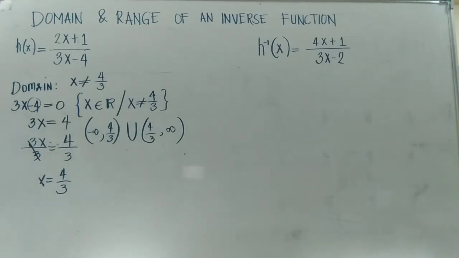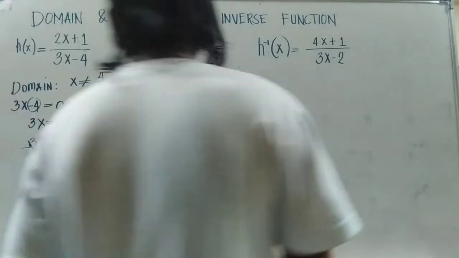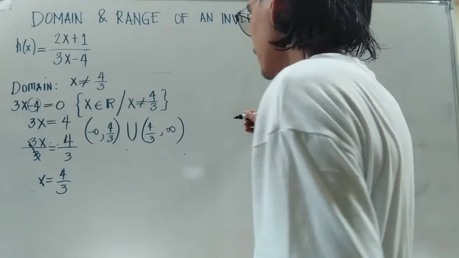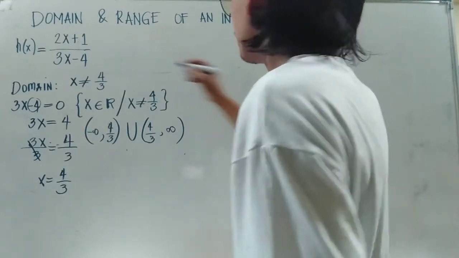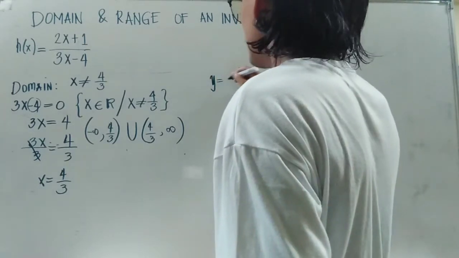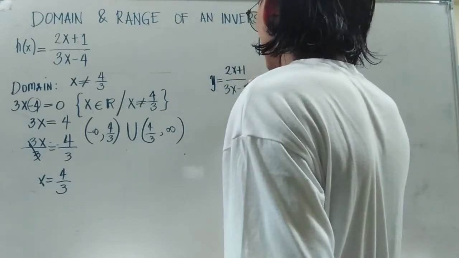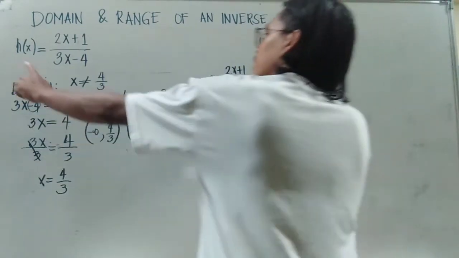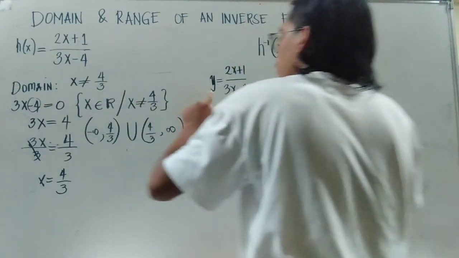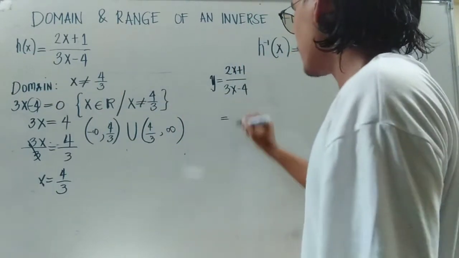Let us now solve for the range. Computing for the range, we have y equals 2x plus 1 over 3x minus 4, just putting h of x into y form. Then isolate x.